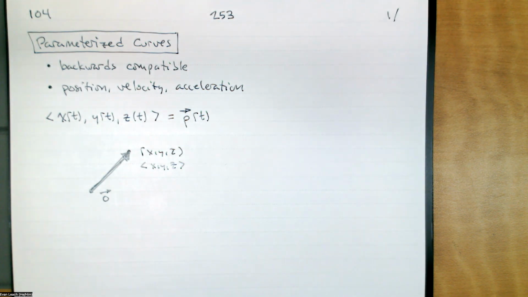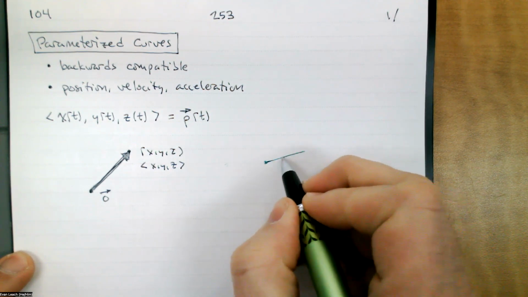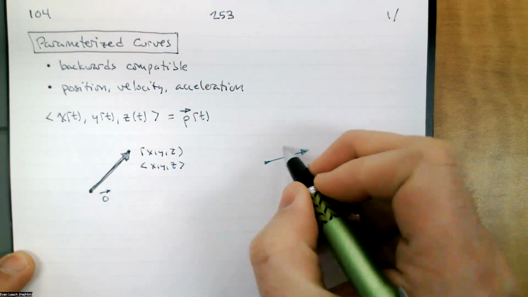We introduced this idea last time when we were talking about parameterizing a line, where our direction was described with a vector, and then to make sure we can add the vector times t to some starting location, we described that location with a vector, and no one questioned it, so I think we're okay. So what we had done previously is describe a direction vector. Here's the direction describing the line.